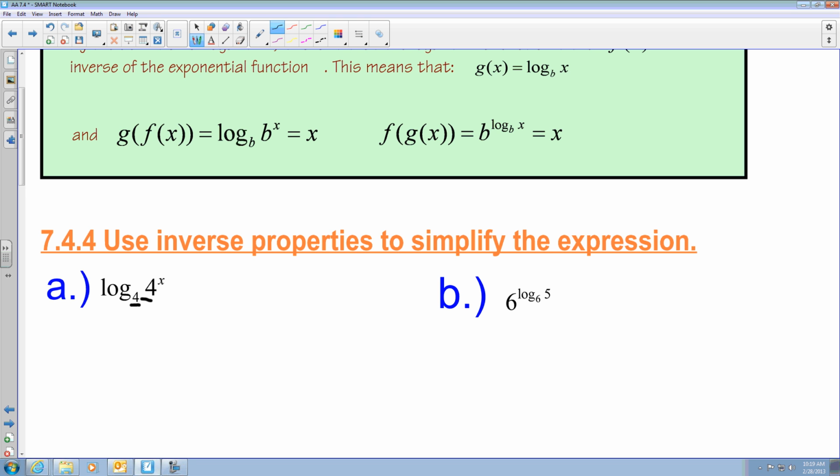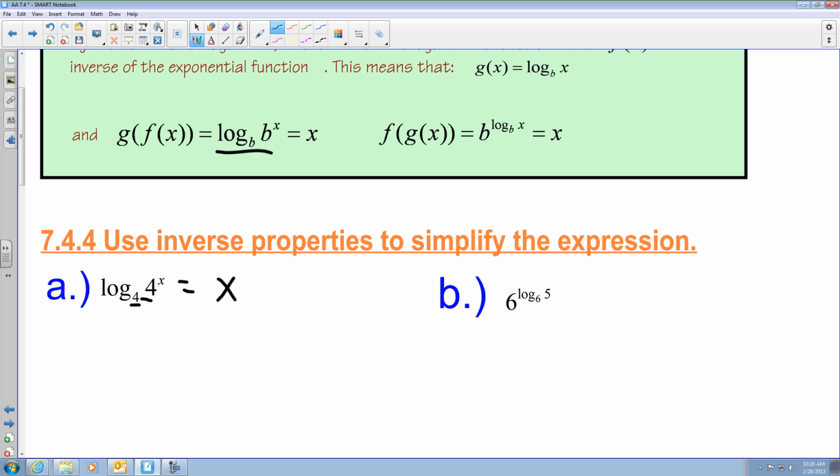So here I have log base 4 of 4 to the x power. So my a looks a lot like this equation here. My b is represented as a 4, and my x is represented as an x, and then it ends up equaling x. So my simplified expression here is x because of the corresponding relationship.